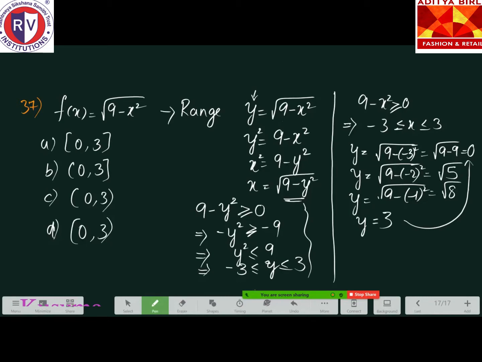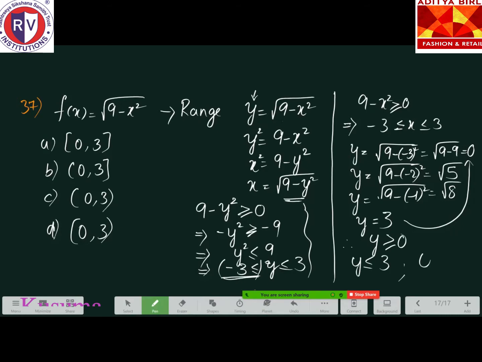That is, the value of y is positive, whatever the value of x you give from minus 3 to 3. Therefore, the values of y are positive here, that is greater than or equal to 0, so that this part of the value is not considered, since y should be positive. Therefore, y will be less than or equal to 3.